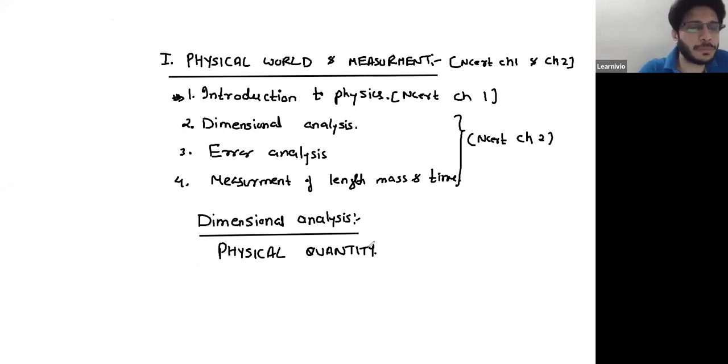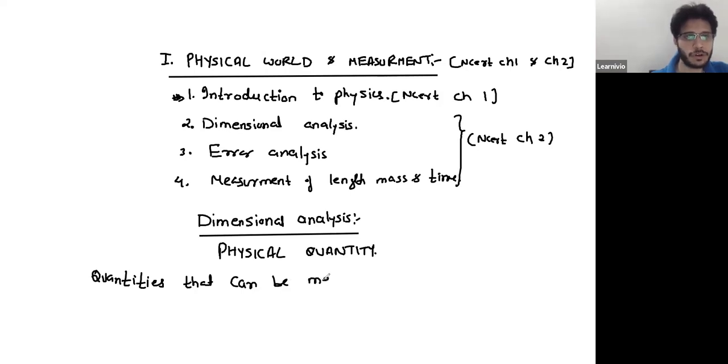Whatever quantity you can measure is a physical quantity. Like you can measure mass, mass is a physical quantity. You can measure time, time is a physical quantity. You can measure speed, it's a physical quantity. Quantities that can be measured are known as physical quantities.